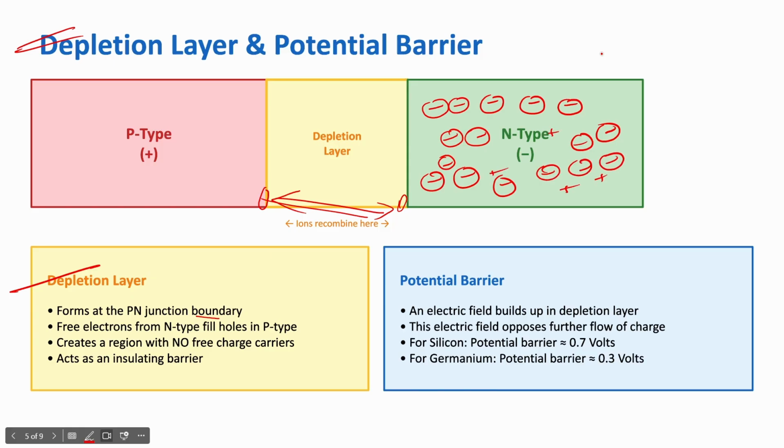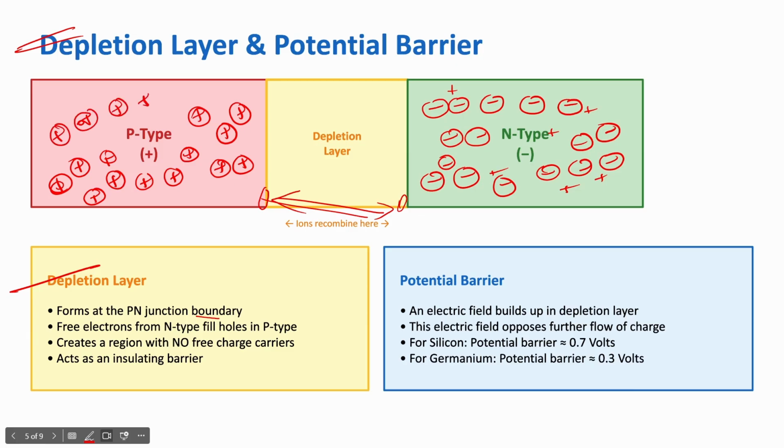In between there are some holes; minority carriers will be holes. Here in the p-type, all are having positive charge, and some minority electrons will be present inside. Now what will happen? These electrons are going to be moved.